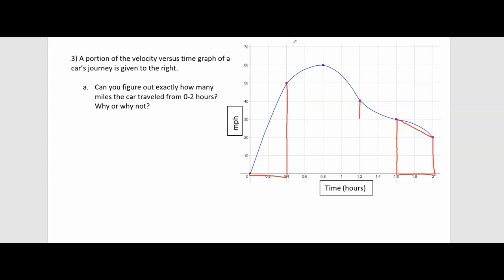So same thing, you could break this up and get a good estimate, which is something we'll be doing in later lessons actually. So you could break this up into triangles, trapezoids, etc. to get an estimate of the area under the curve or under the function, but it's not going to be an exact area.